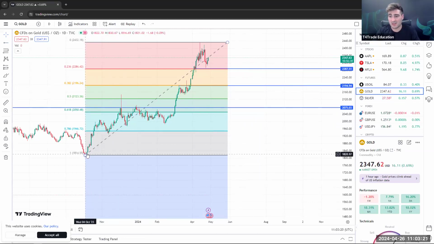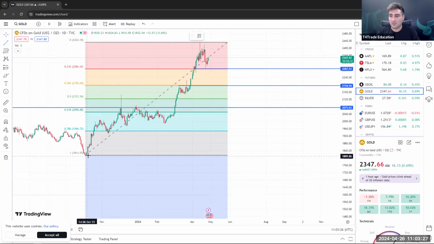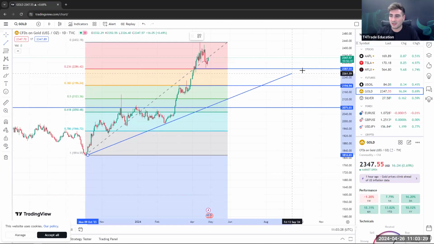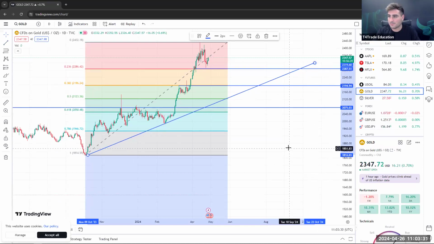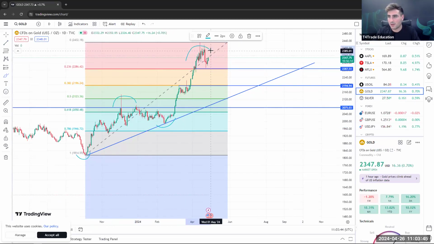Not much really, because it has an upward moving trajectory anyway. Let's do the trend line in order to validate this and see it clearly. This is the low, this is a higher low, a higher high here, another higher high here.